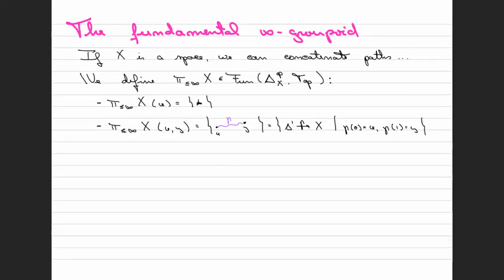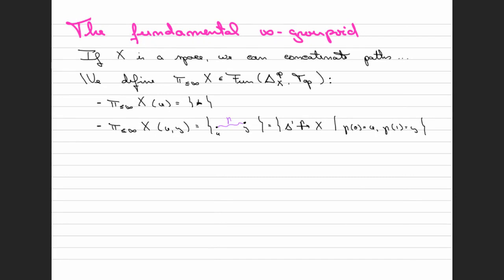Then this space should be some space of lines from X to Y. Well, X and Y are points in X, and we know exactly what lines from X to Y are. They are paths from X to Y, so maps from the topological one simplex into X that send the endpoints to the right place, with the compact open topology.